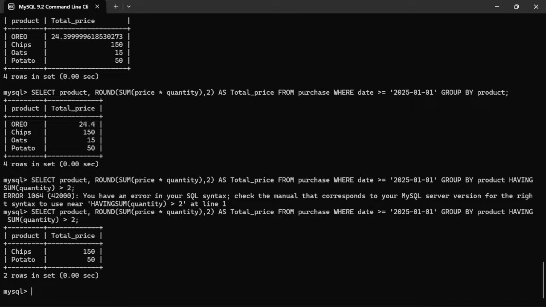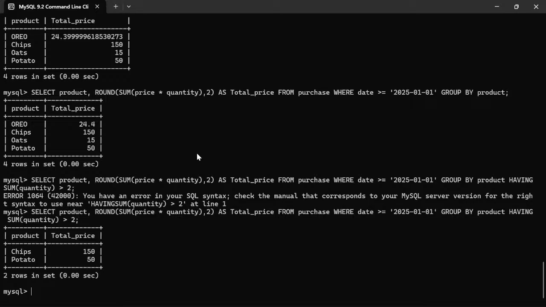So it means, first of all we have said that the date is 1/1/2025, and also we have grouped those products. If the product is appearing multiple times, we have adjusted it such that it appears only one time. And also the having gives another condition that the quantity of that product in a particular month must be greater than 2.